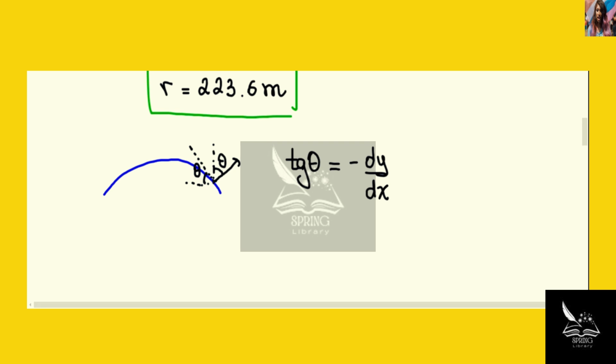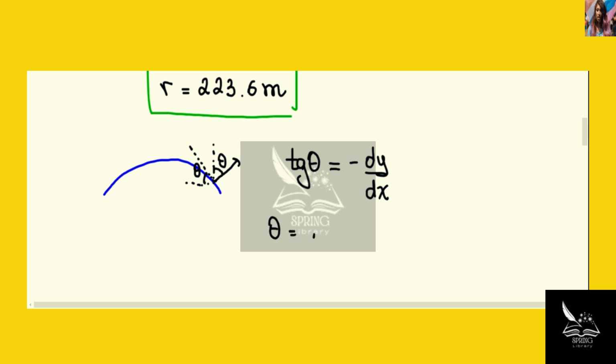Usually, if we calculate theta to be just the tangent of theta equals the derivative of y with respect to x, we're going to have a minus sign because the function is decreasing. We don't want that, so I'm just putting this minus sign here.